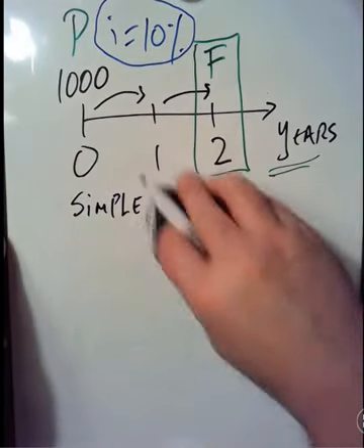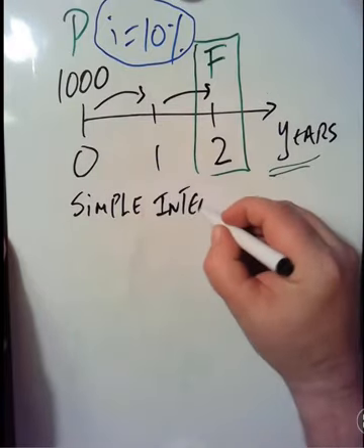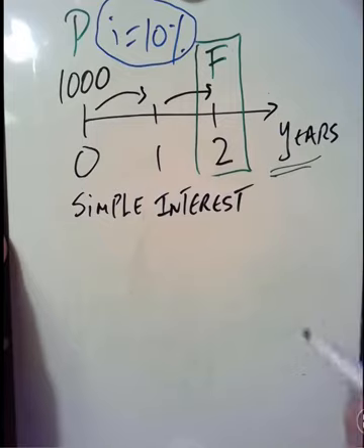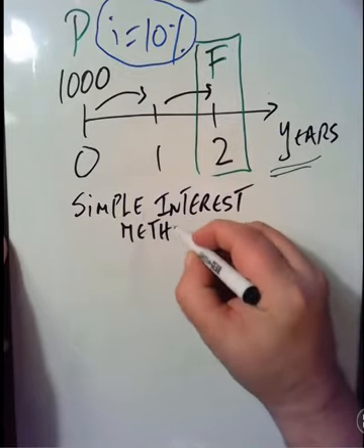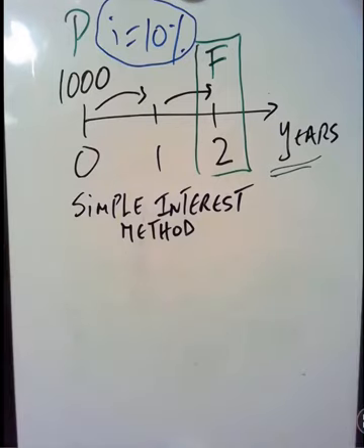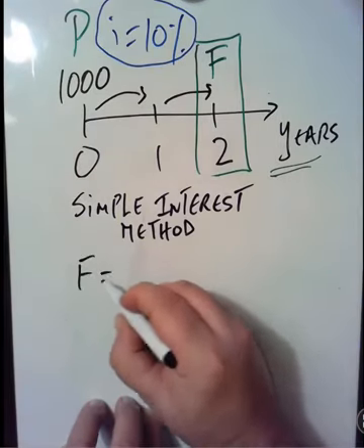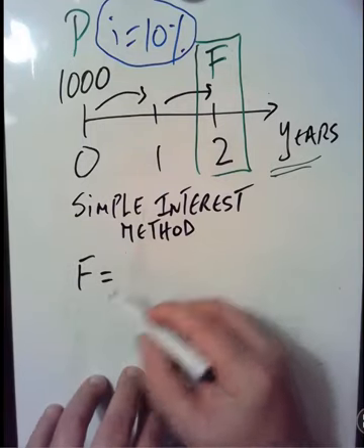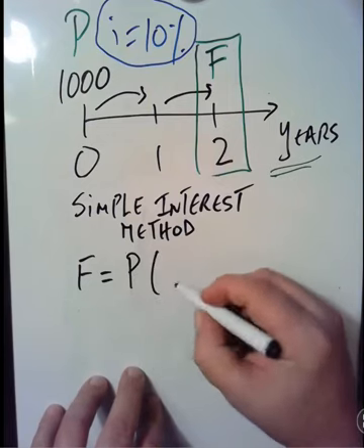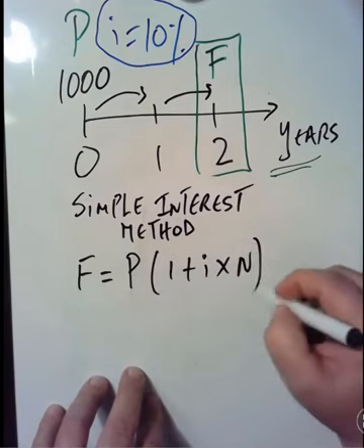Let's say simple interest method, because later we're going to use the word compounding for the other method. So let's keep it the least confusing possible. The simple interest method relates these variables as follows: the future value is equal to the present value times 1 plus the interest rate times the number of time periods.